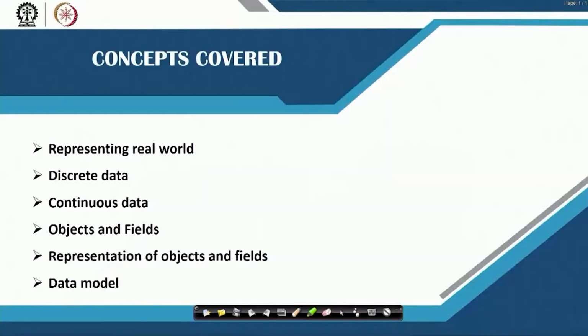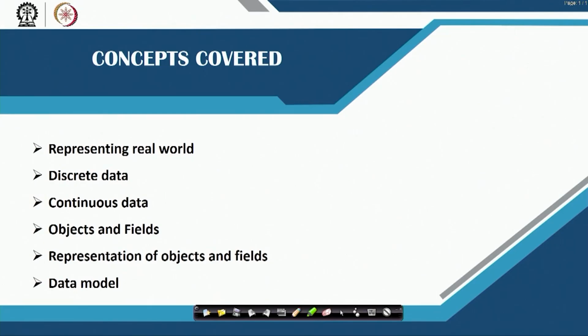So, in today's lectures, we will be looking at how we represent the real world. We will also look at different data, for example discrete data is one set of data, the other one is continuous data. We will look at both of these, then at specific aspects called objects and fields.